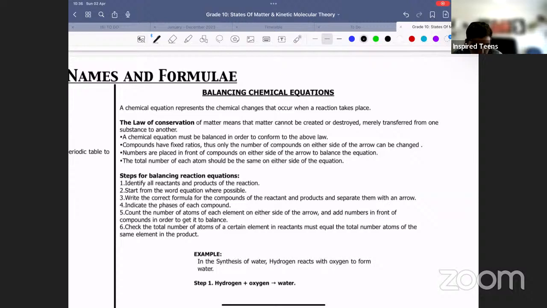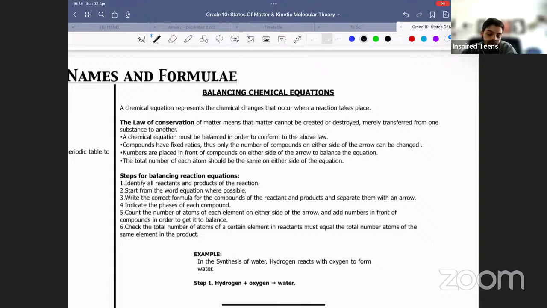Now let's look at the balancing of chemical equations. A chemical equation represents the chemical changes that occur when a reaction takes place. The law of conservation of matter means that matter cannot be created nor destroyed. Merely it's transferred from one substance to another.